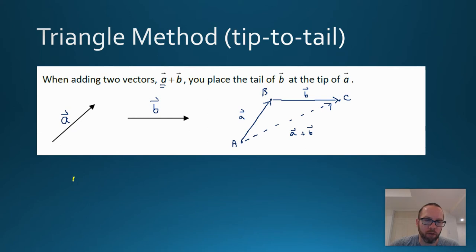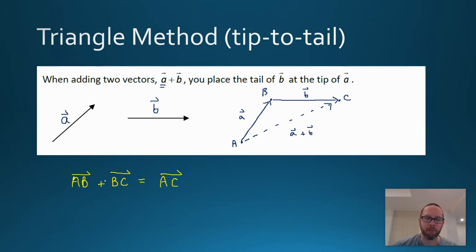I hope you would agree, the vector AB plus the vector BC gives you a vector that goes from A to C. What I want to show with this is that there's a very useful visual tool for simplifying vector expressions where you have to express a vector from a starting point to the ending point.